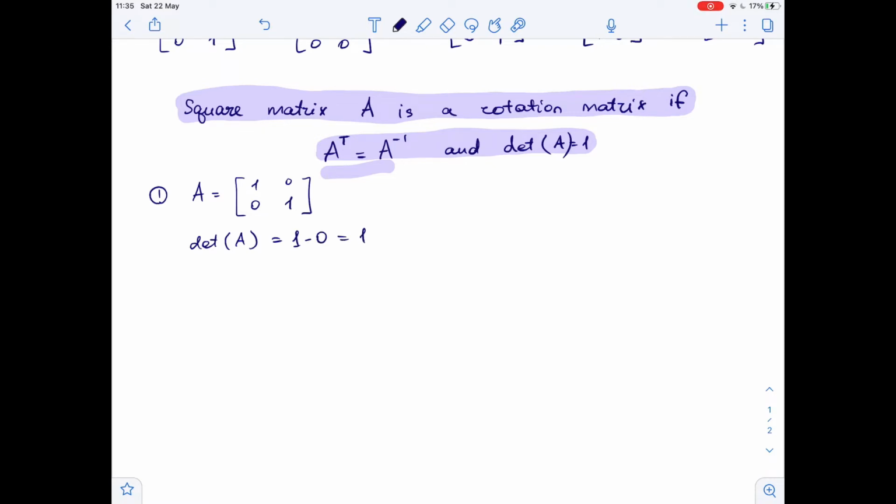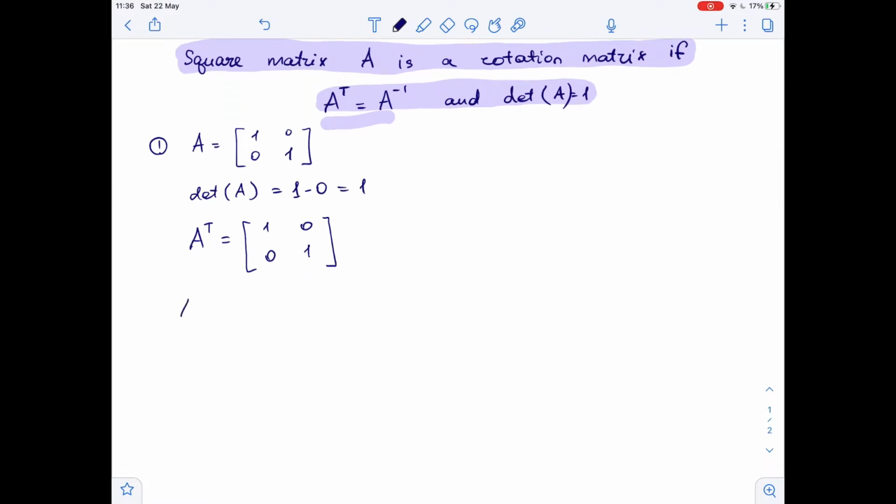So this part is satisfied. Next, we need to look at the transpose of matrix A. It would be equal to 1, 0, 0, 1. So basically the transpose of matrix A is equal to matrix A.